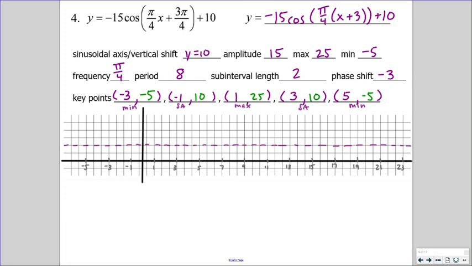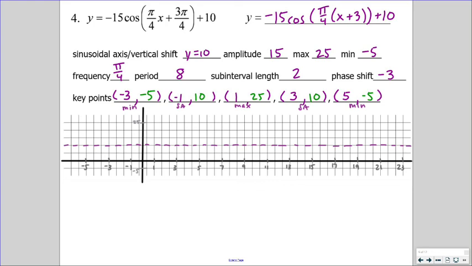All right, now I said we're going to scale by 5 along the y-axis, so I'm just going to mark that. That's -5, and then 25 is up here. All right, so I just want to make sure I've got my min and max marked and that sinusoidal axis going through the middle of the graph. Okay, last thing we've got to do is now just sketch the curve.